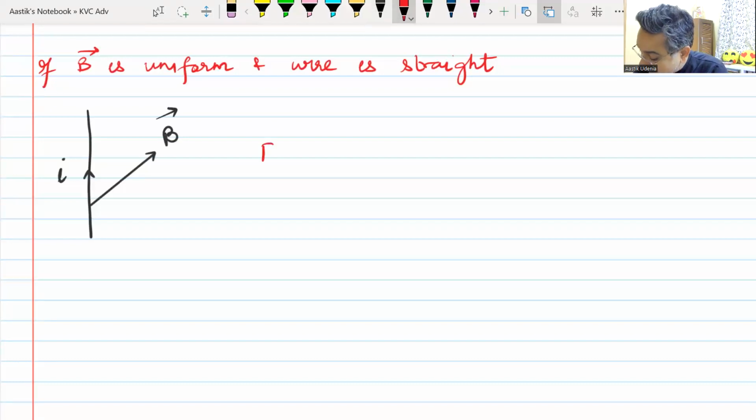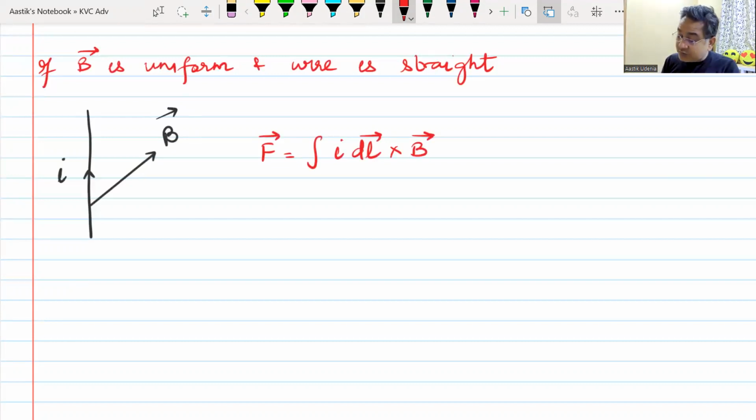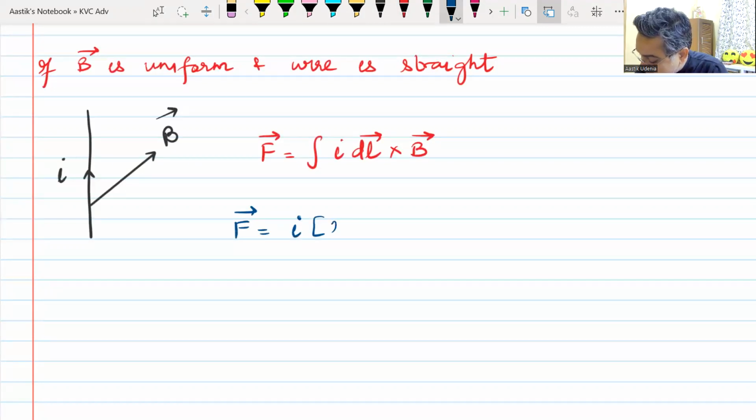Then your force vector will become the integral of I dl cross B, yes or no? The total force will be the integral. The integral of dl will become L. So in that case, the vector formula of force will become I L cross B. Do we understand this?